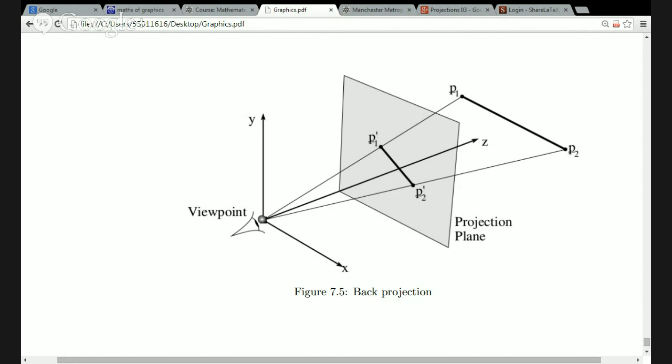From the right-hand side, we want to look at the third component of this right-hand side. Now, the third component of P1 is z1. Mu is the unknown parameter we're trying to solve for, and then z2 minus z1. So that gives us one equation, that f lambda is equal to z1 plus mu, z2 minus z1.